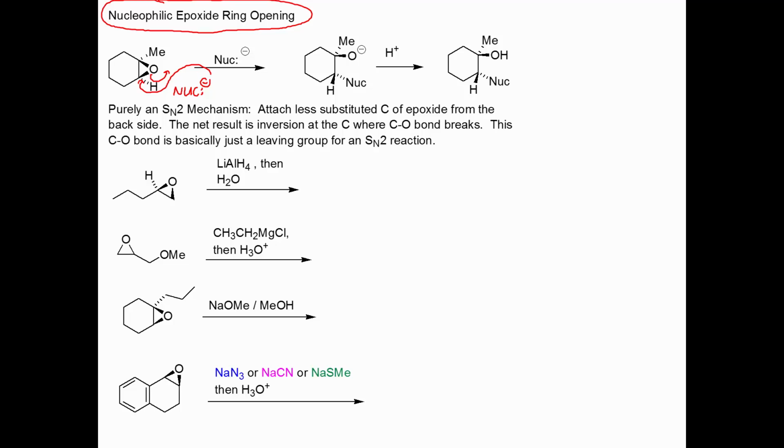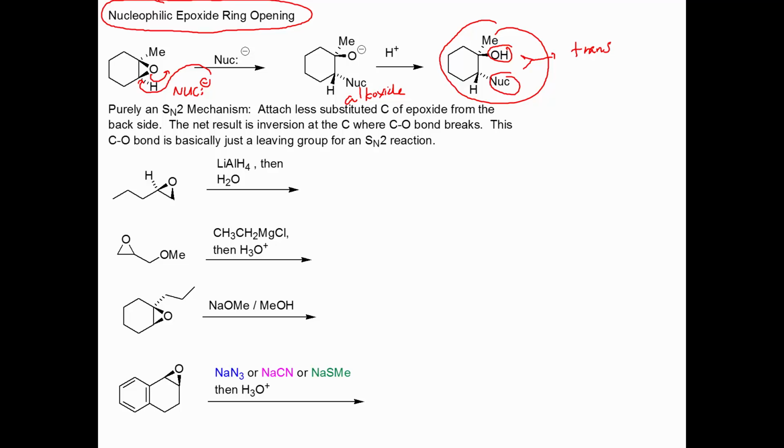Okay, after protonation of the alkoxide intermediate, we're going to end up with this type of compound, and notice that our nucleophile group and our OH group are ending up in the trans orientation here.